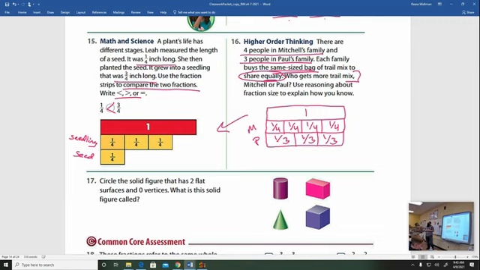He does. He has fewer family members. That's right. Because Paul is 1 of 3 and Mitchell is 1 of 4, right? But guys, what fractions am I comparing? If Mitchell is 1 of 4 and Paul is 1 of 3, what fractions am I comparing? Abigail? What fractions am I comparing here?